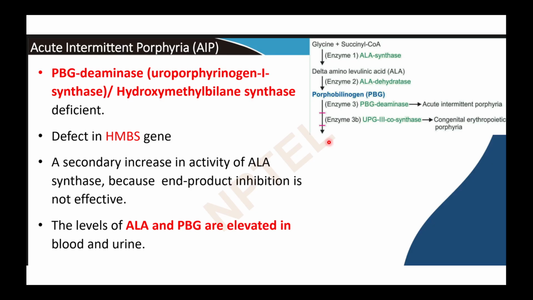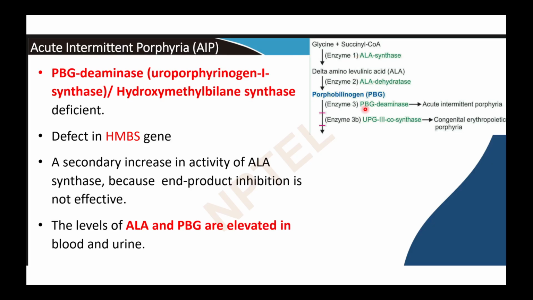And there's a defect in the gene that synthesizes this enzyme that leads to acute intermittent porphyria. And as a result, the secondary increase in the activity of ALA synthase occurs because there's no end product inhibition.